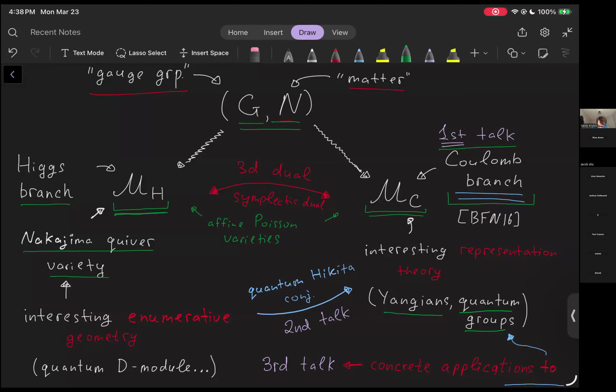During the second talk, I will discuss a certain concrete conjecture, the so-called quantum Hikita conjecture, that predicts a relation between the left-hand side and the right-hand side, and establishes some 3D mirror symmetry statement. During the third talk, I will explain some concrete applications to representation theory of quantum groups and Yangians. Any questions so far? That's the general plan. Today we will concentrate on Coulomb branches.